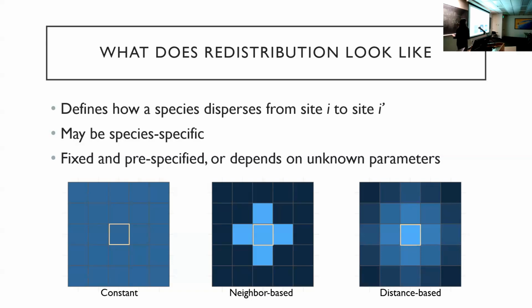If you think about it, sharks are probably more likely to be able to swim to faraway regions than tiny little fish. They don't have as much power to them. So in our model we would like to allow for redistribution to vary by species. These are sort of fixed notions, but we also like to bring in some unknowns here. I don't believe that this is exactly how these species redistribute, so how do I build in a little bit of flexibility?